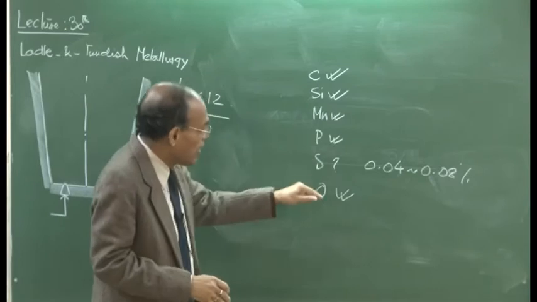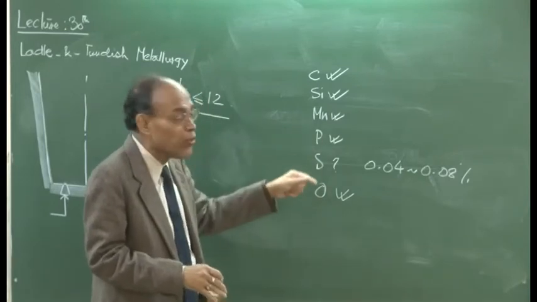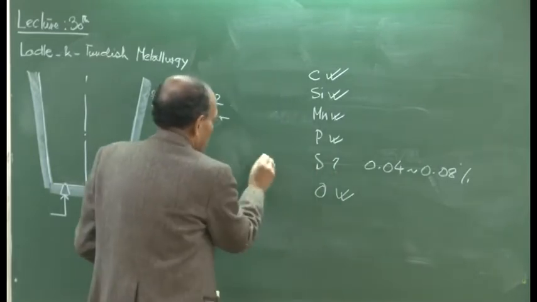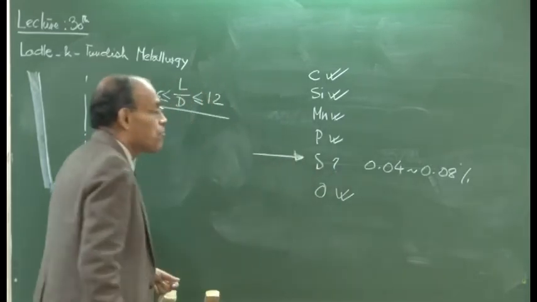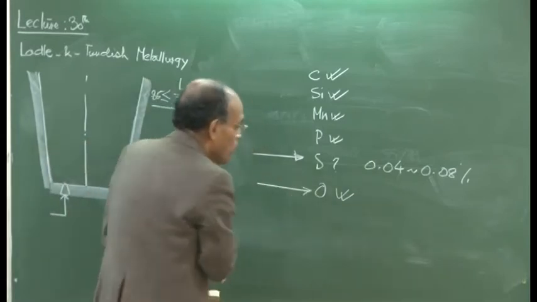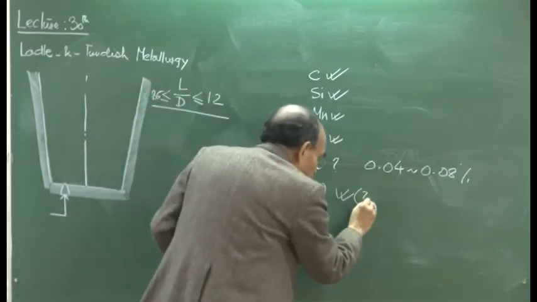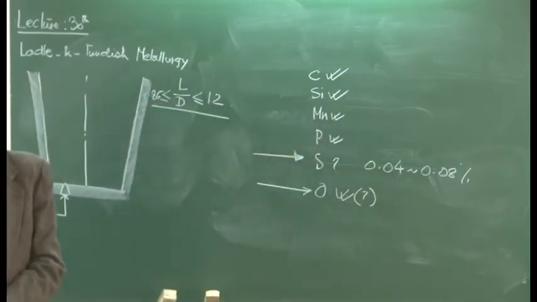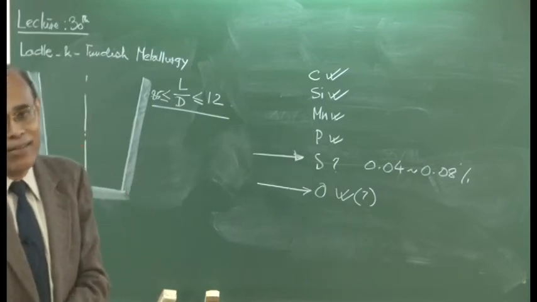So, subsequent additions to change the composition are going to be very minute actually, okay? And the scope of changing composition comes with respect to silicon, sulfur and with respect to oxygen. This could be because deoxidation often is not carried out to completion during the tapping itself.